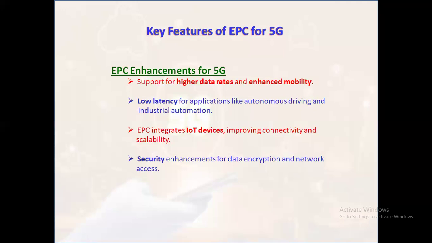Additionally, enhanced authentication and authorization procedures help secure user access to the network, preventing unauthorized devices from compromising the integrity of systems. This focus on security is particularly important in the 5G era, where more critical services and personal data are transmitted over mobile networks.